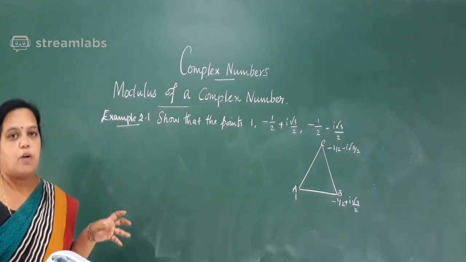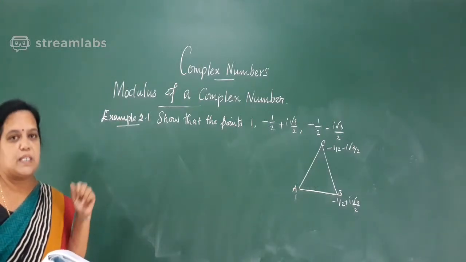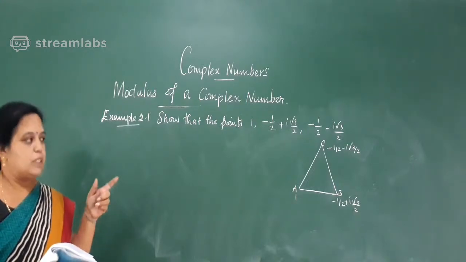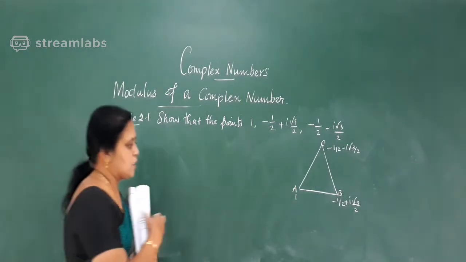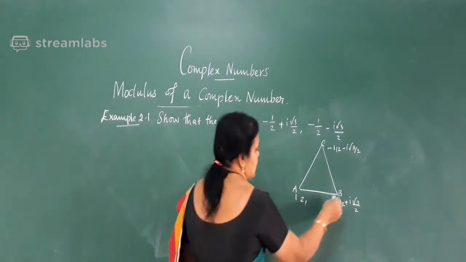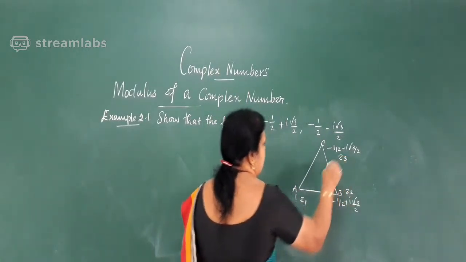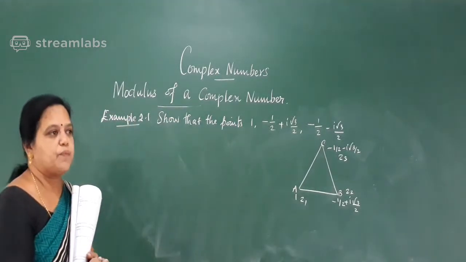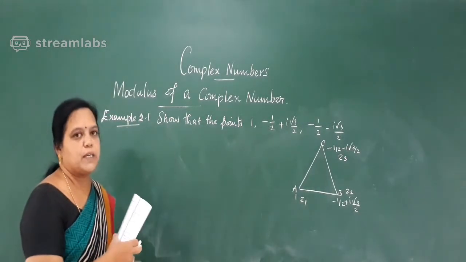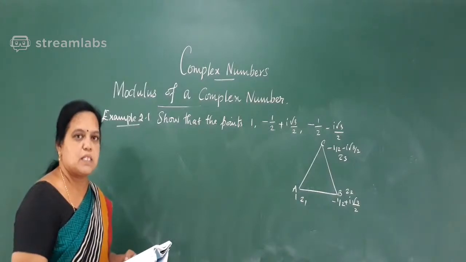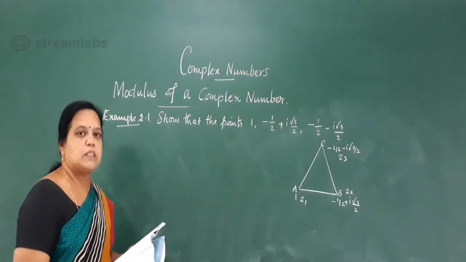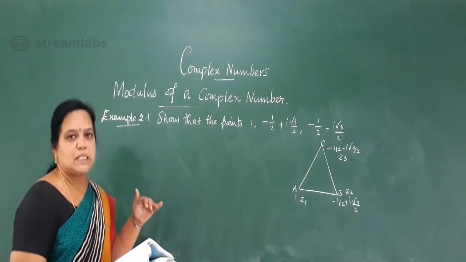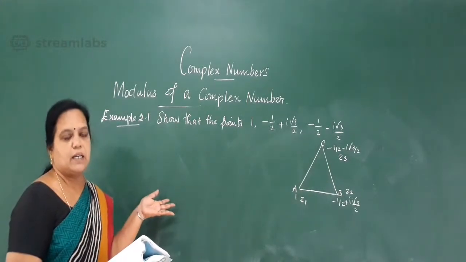For that, we have to find the distance between the two vertices. Suppose if you are taking these Z1, Z2, Z3, we have to find the modulus of the distance: modulus of z1 minus z2, z2 minus z3 and z3 minus z1. Suppose if the three values are the same, it is an equilateral triangle.